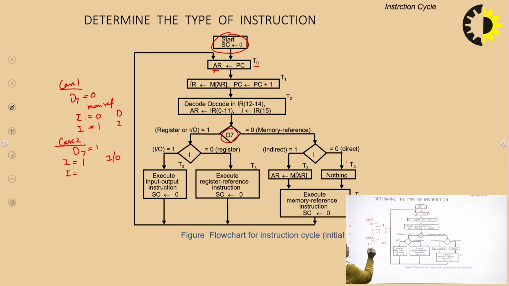If the I value is 0, it means this particular instruction is the register reference instruction. Here it is written 0, then execute the register reference instruction. If I is 1, execute the input output instruction, and then this particular instruction cycle will happen. So this particular diagram will help in determining the type of instructions.